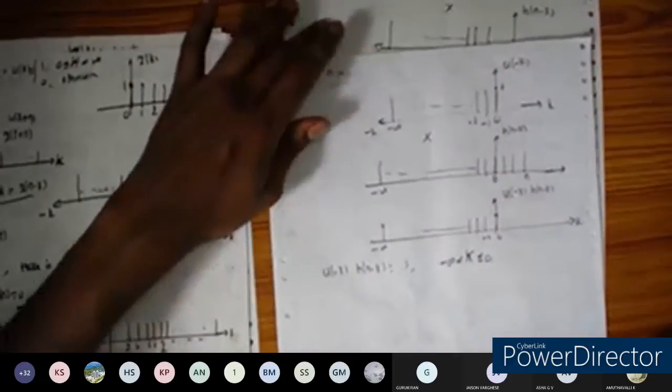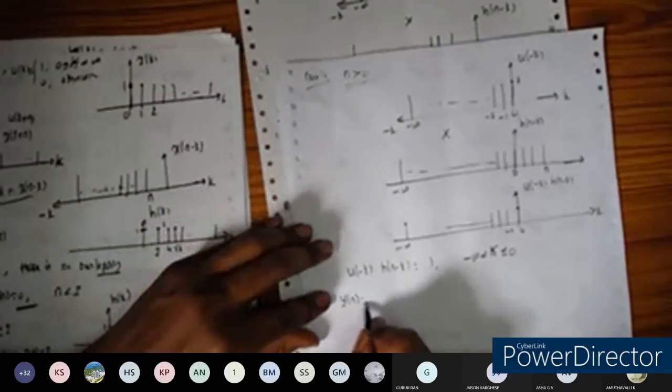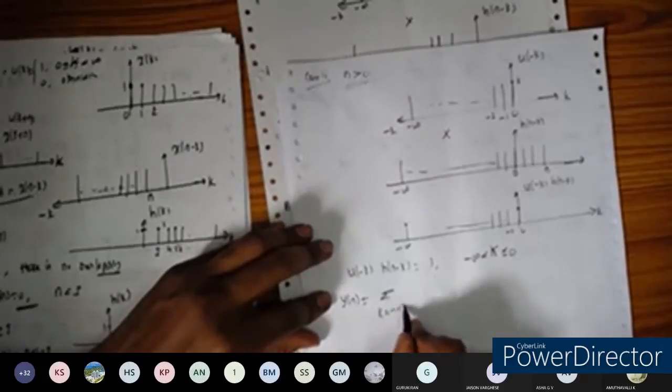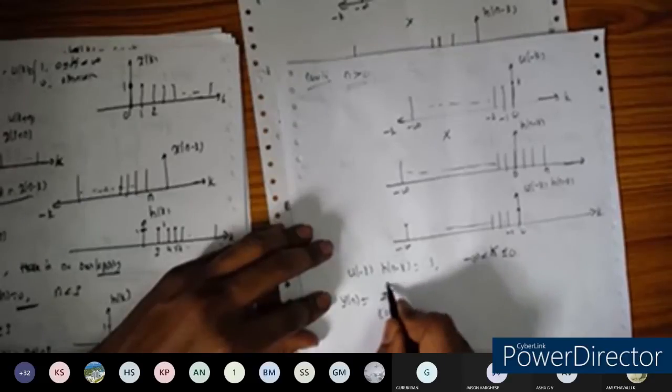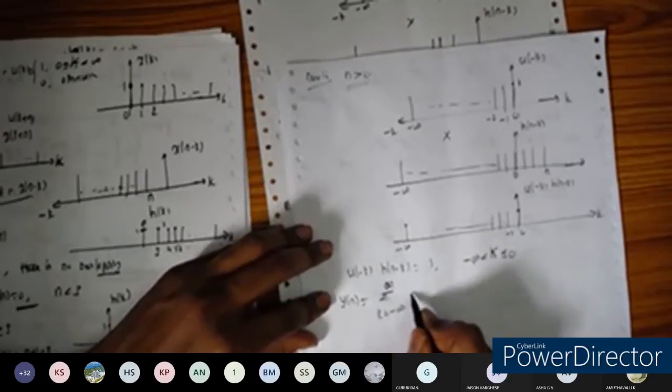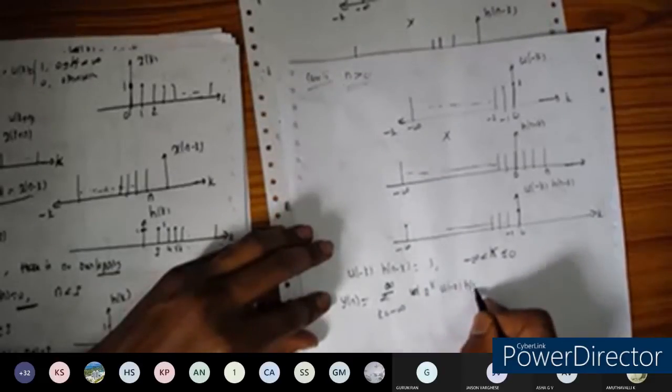Now we can substitute the expression for y of n. So y of n is equal to the summation from k equal to minus infinity up to 0. I'll write the generalized formula first, that is 2 to the power of k into u of minus k into h of n minus k.